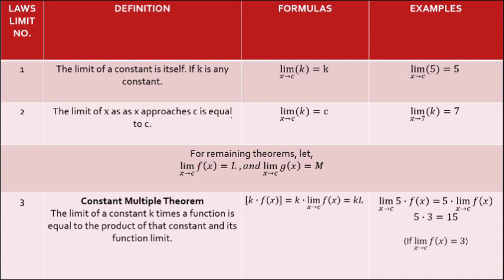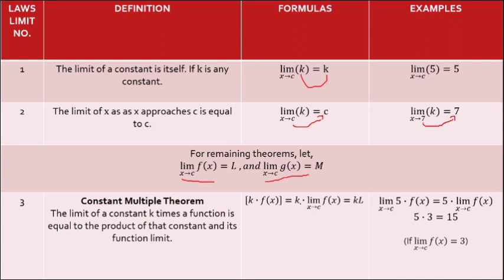The second law: if the first law indicates the constant, in the second law the limit given is x approaching c. For example, the limit of x as x approaches 7 is 7. We will apply these later, so don't worry. For the remaining theorems, let the limit of f(x) be L. Remember, the first function's limit is L, then the second one is M.